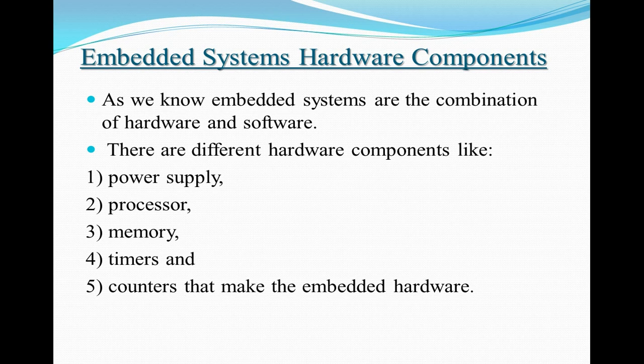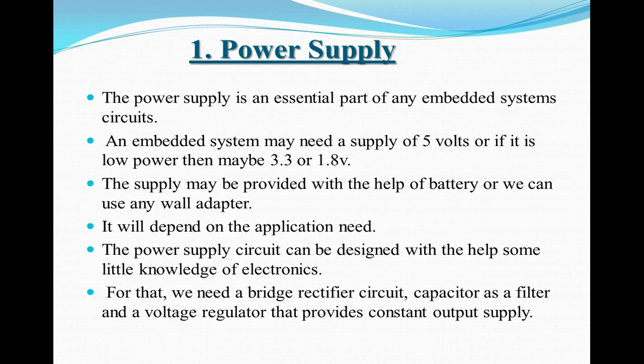We have seen in the last lecture that the hardware components are different and the software components are different. We saw the block diagram for the hardware component, consisting of the display methods, the memories, the CPUs, and the main part, the power supply. So let us see in detail all these things which together make an embedded system.